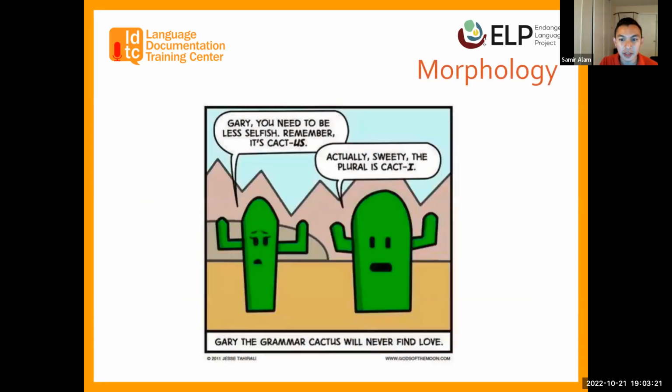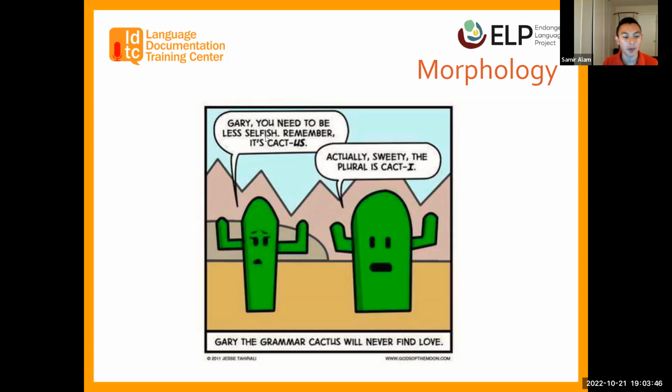All right, so what is morphology? Morphology, as shown in this cute little comic about cacti, is the way that we combine words. Here we have this comic showing how in English, we have a singular form for the word cactus and the plural form, which is cacti.